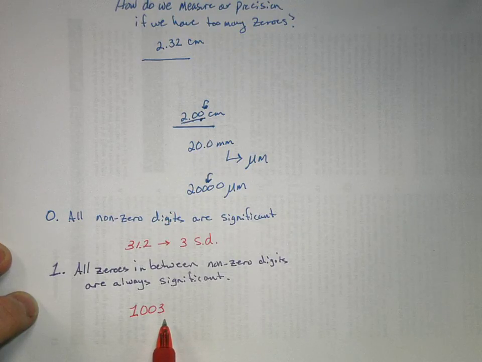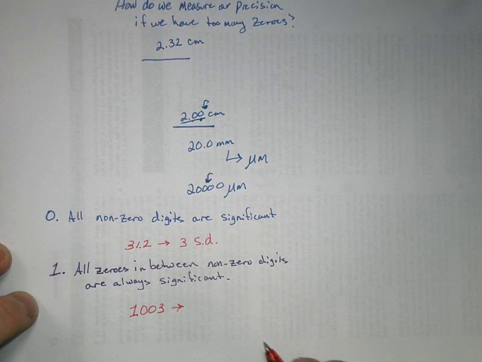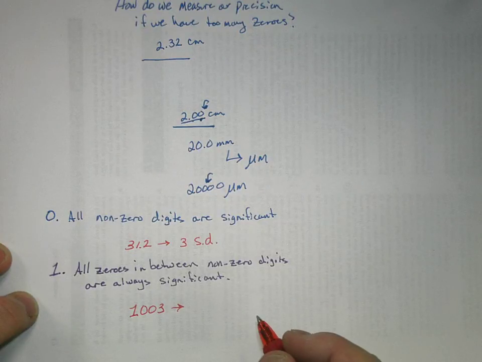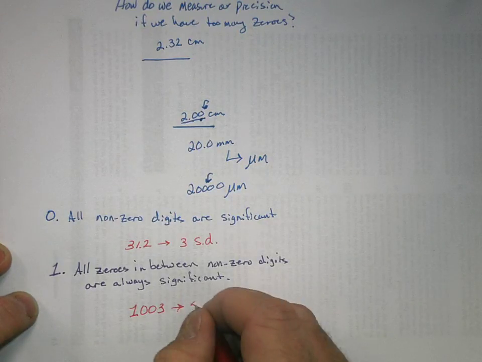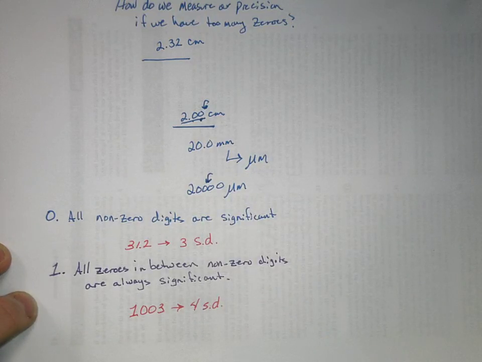This is distinguishing between 1004 and 1002. So we know that those zeros matter as far as the precision of our measurement. So this would have how many? This would have 4 significant digits.